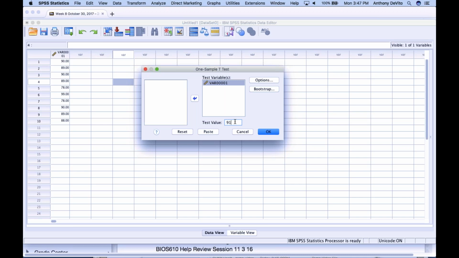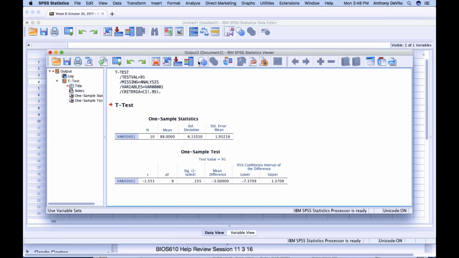So I want to know whether or not I can say with less than 5% chance of being wrong that these two means are different. Okay, so my null hypothesis is that the x bar that I have is equal to the mean for that other population, 91, or it's not equal to 91. So I'm going to go ahead and do this calculation.